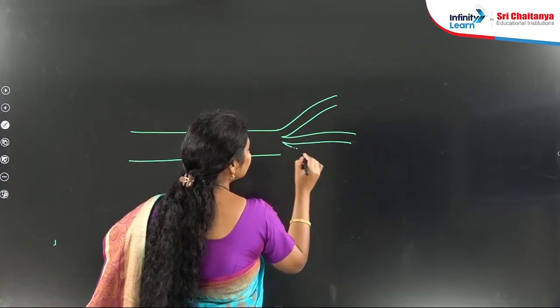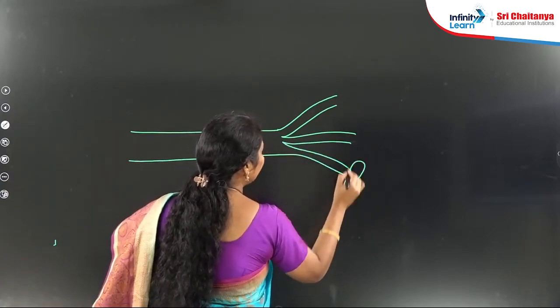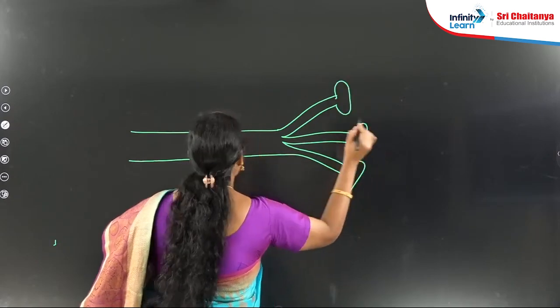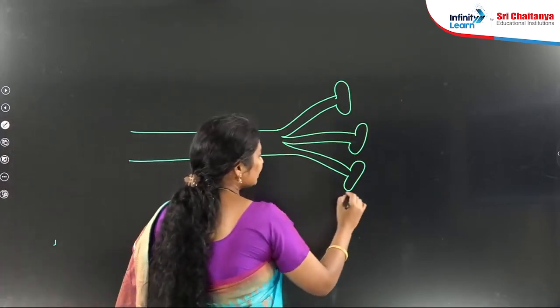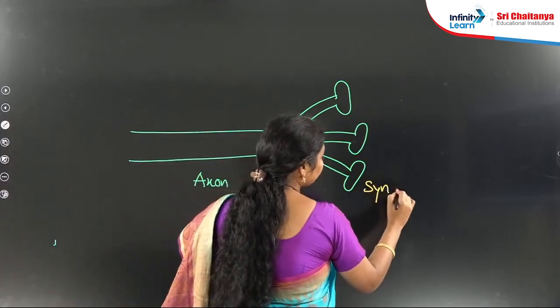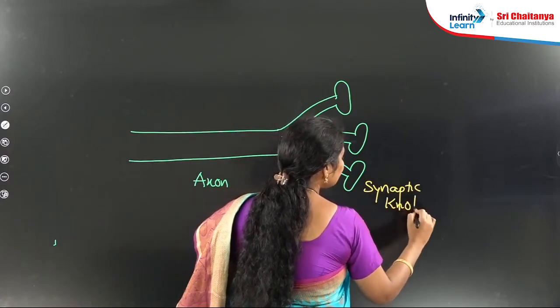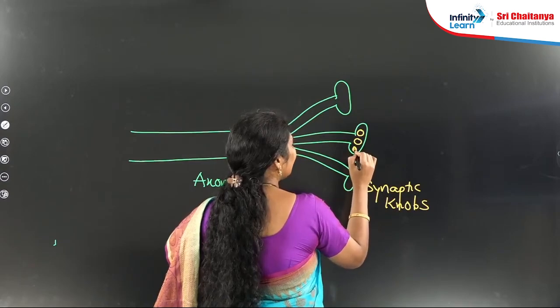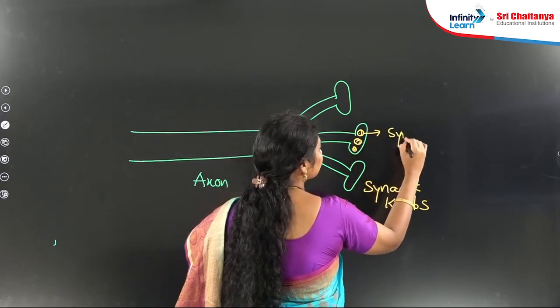This branched structure we call telodendria. These branches have swollen knobs, known as synaptic knobs. These synaptic knobs have some vesicles, and these vesicles are filled with neurotransmitters.